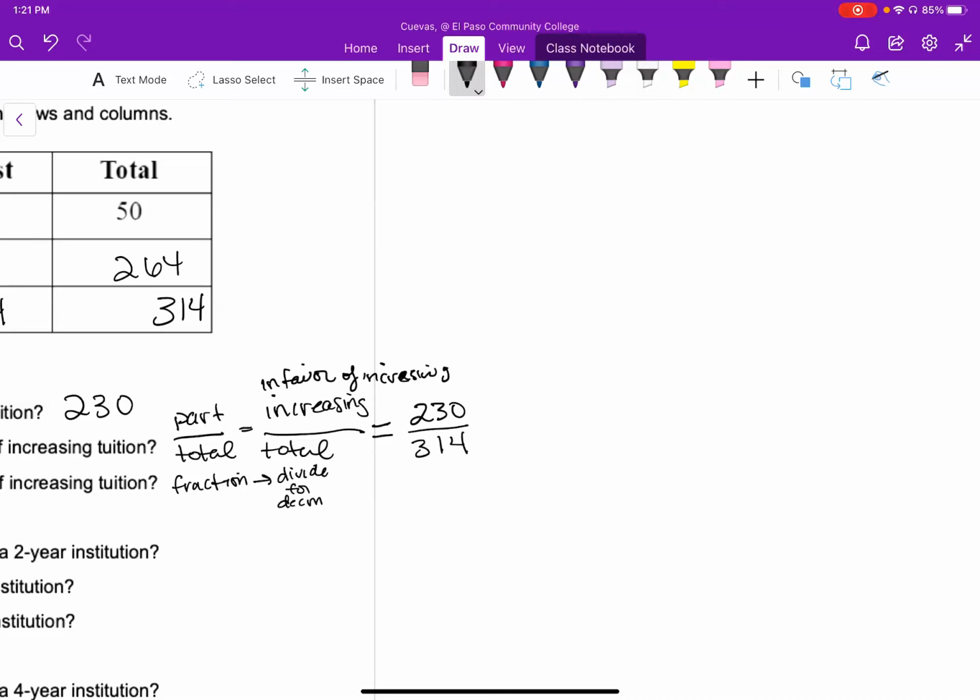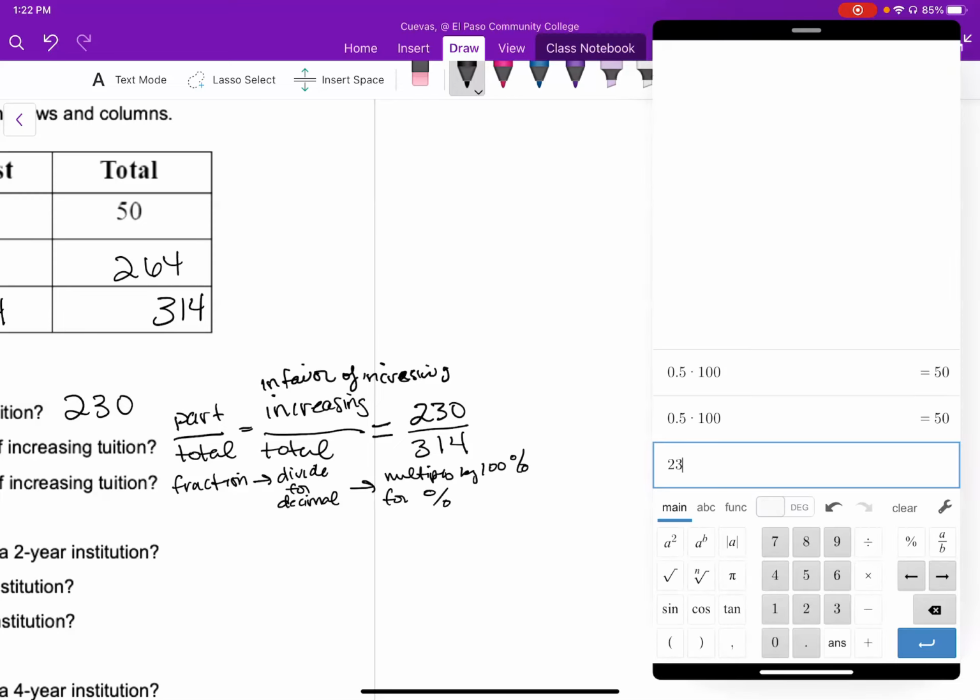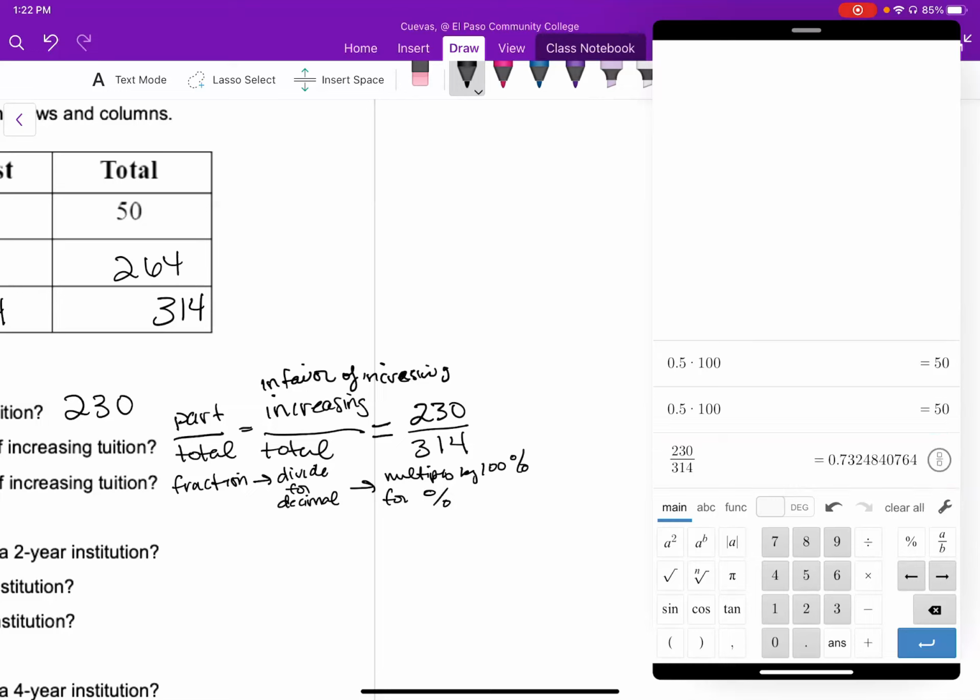And then we're going to multiply by 100%. 230 divided by 314, and this gives us 0.73248407764. Okay, so we're going to take this number and we're going to multiply by 100.